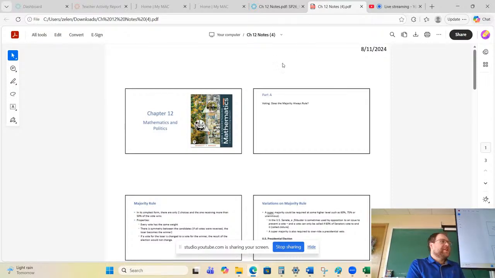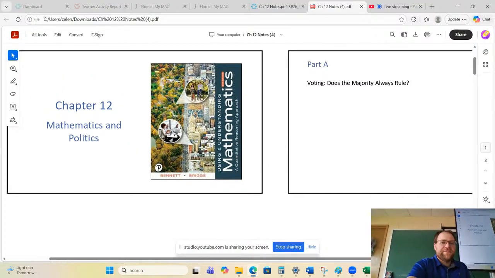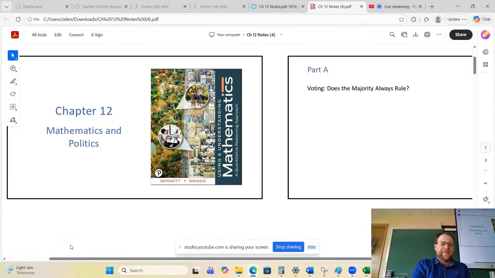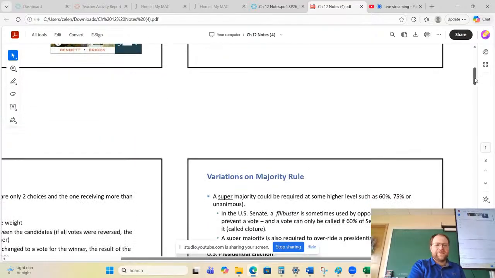It actually is the last chapter that we will be covering note-wise for this class. But it's essentially how math and politics relate to each other. And the biggest area where this tends to appear in politics is voting. Basically, different ways of selecting a winner through voting.